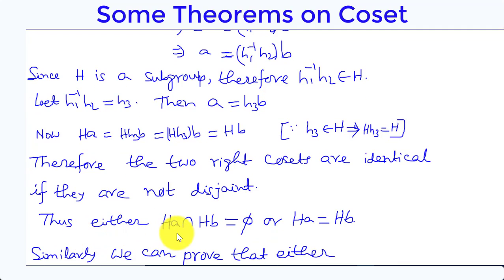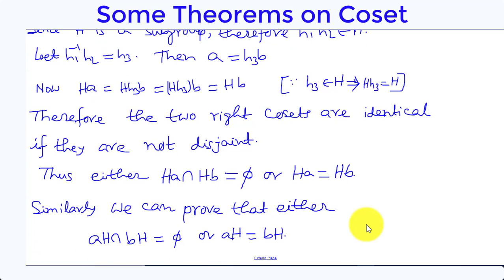Thus, either Ha intersection Hb is equal to phi or Ha is equal to Hb. Similarly, we can prove that either aH intersection bH is equal to empty set or aH is equal to bH.